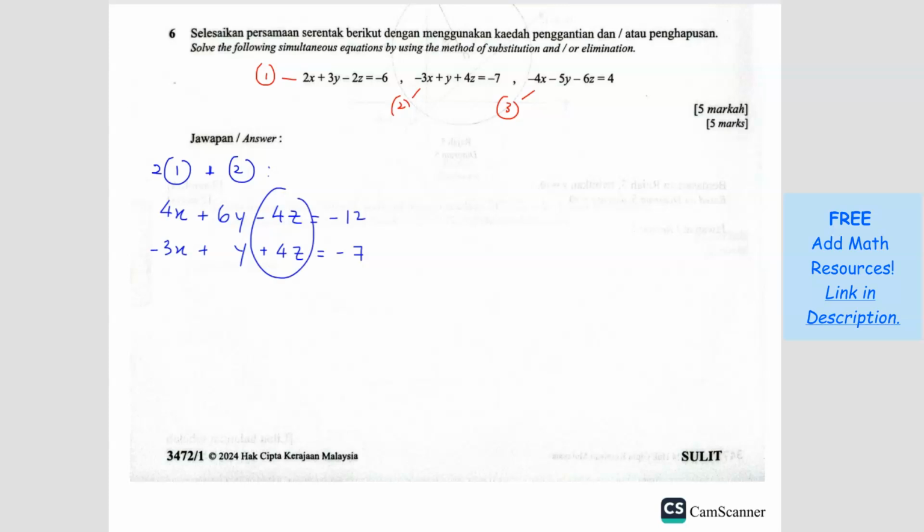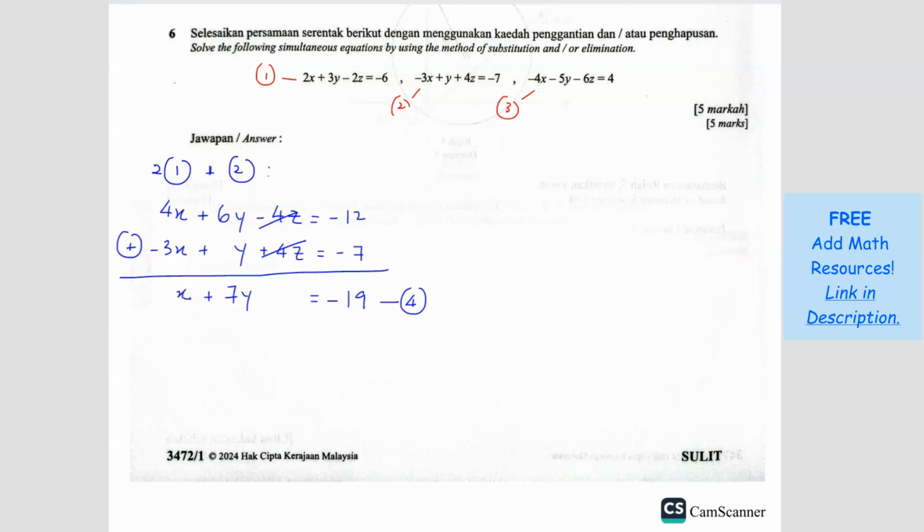Both are the same number but the sign is different, so you have to plus. Cancel. So 4 plus -3, I get x. 6 plus 1, I get 7y equals -12 plus -7, I get -19. So this is my fourth equation, not third.